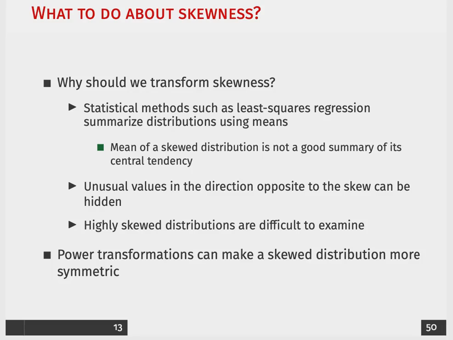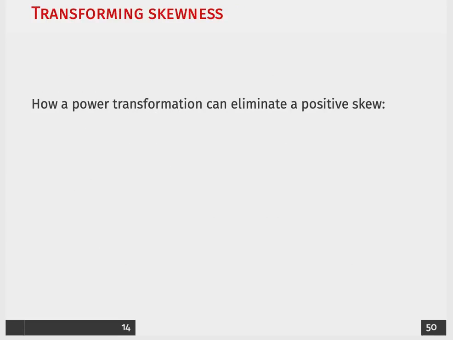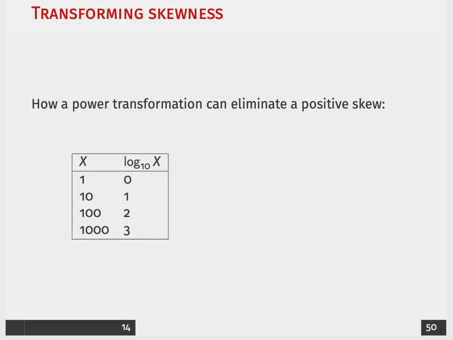Now, we can use these power transformations to make a skewed distribution a little bit more symmetric. So we're going to talk about how a power transformation can eliminate a positive skew. Let's take this example where our covariate x has values of 1, 10, 100, and 1,000. That's a pretty wide dispersal, and if we have only a couple of values at 1,000, we're going to have a skewed data set.